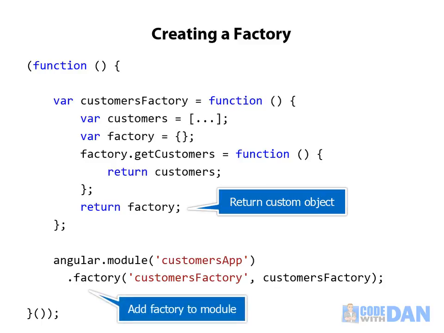So in this case, to add a factory, we simply call module.factory, give it a name, and then give it the function on what to do. So what I really want to emphasize with a factory, though, is that we create a custom object, we control what goes in it, and then we return it out of the factory function. And you're going to see when I get into services, that's the big differentiator.